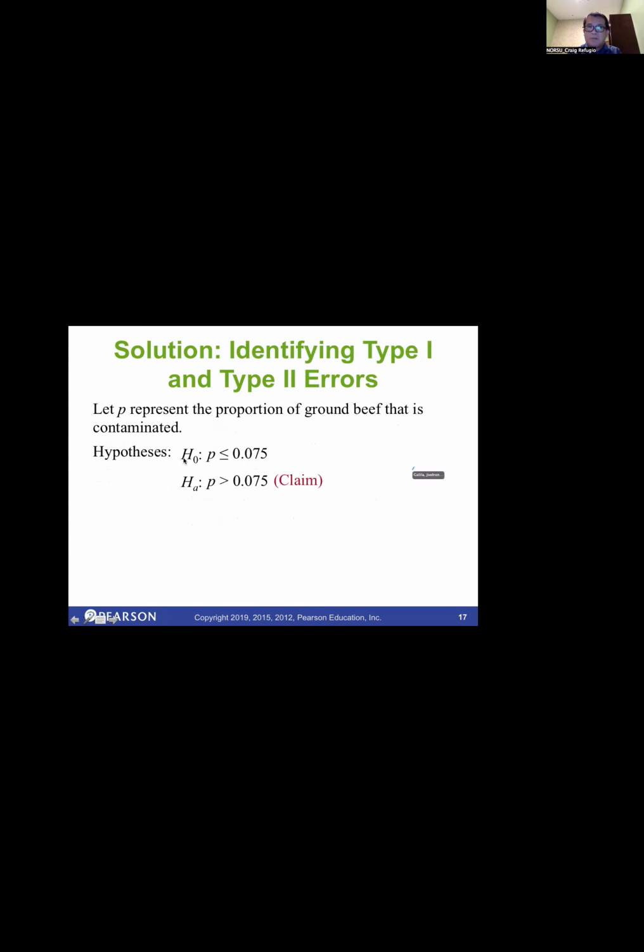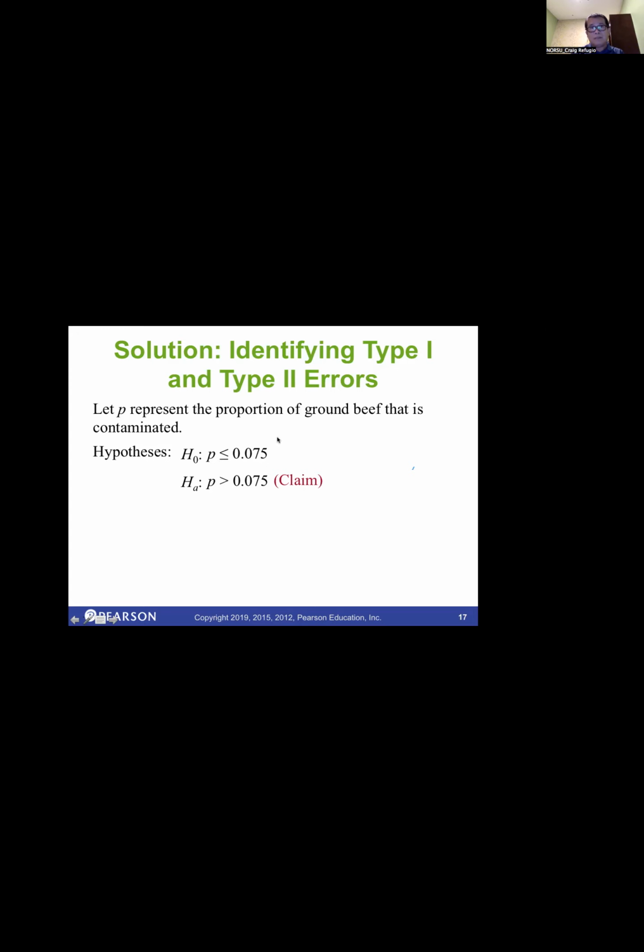So H0: P is less than or equal to 0.075, or that can be 7.5%. If you don't like the decimal, you can write it as 7.5%. And then the complement, the alternative hypothesis: P greater than 0.075, or greater than 7.5%.